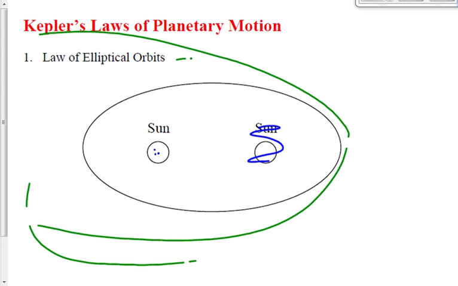Does that make sense? So for the Earth, the sun is at one of the focal points. Since the orbit of Mars keeps going way over here, then the focal point for Mars is the right focal point, right? The sun is at the right focal point. Okay, the sun has to be at one of the 2 focal points of the elliptical path for every planet.